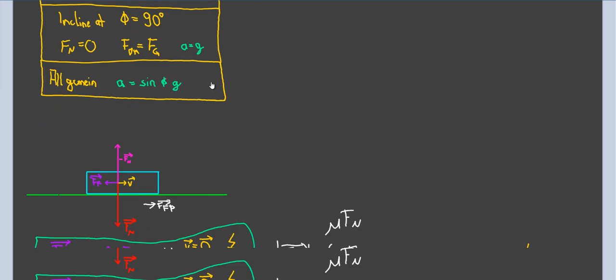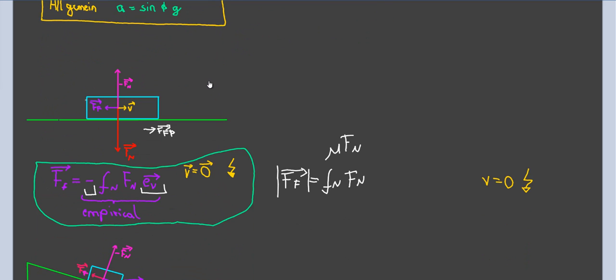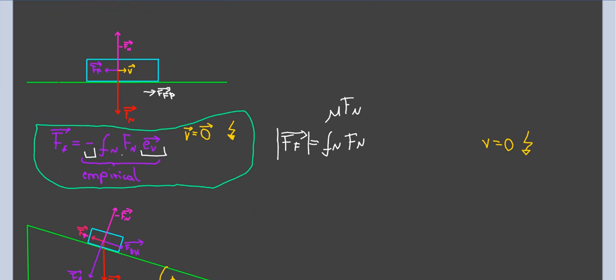So if we add friction, we generalize it once again, and we get this empirical formula for the friction, which is just this friction coefficient times the normal force, in the opposite direction of the velocity.